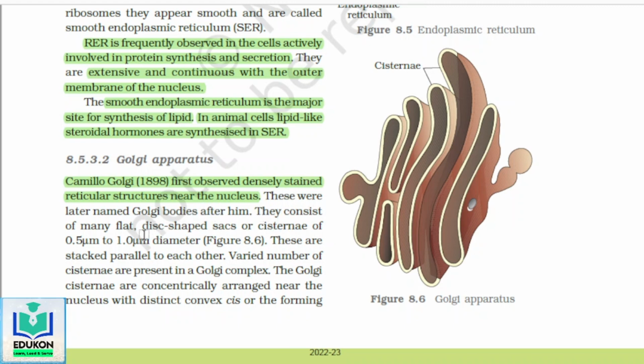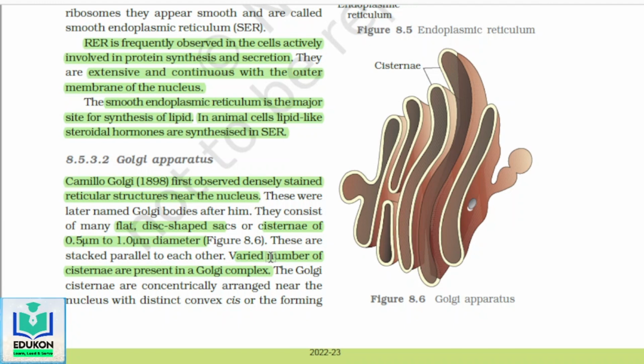They mainly consist of flat disc-shaped sacs or cisternae of 0.5 to 1 micron in diameter. These cisternae are stacked parallel to each other. A varied number of cisternae are present in a Golgi complex. There is no specific number, like 2 or 10 or 15; it varies from cell to cell.